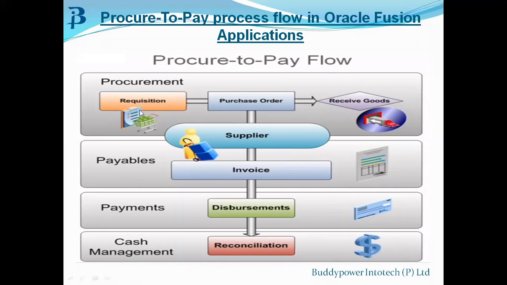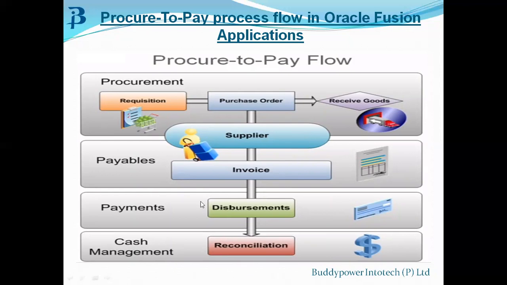After that, based on the analysis and the best product or price choice, the organization will award a purchase order to the chosen supplier. The supplier will then ship and send the material or provide the service to the organization, and finally the organization will book the invoice to pay the supplier.